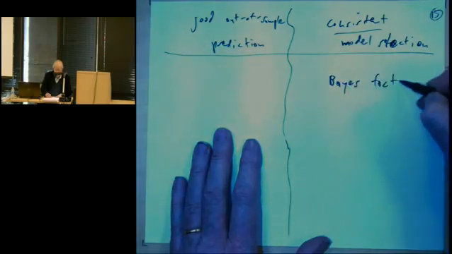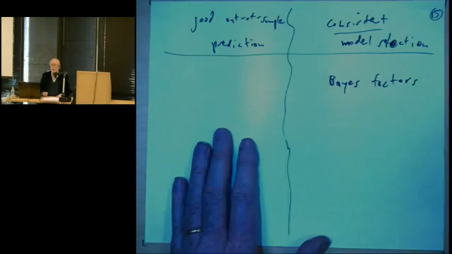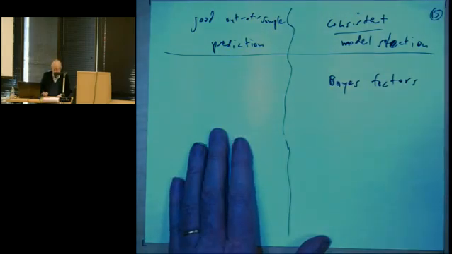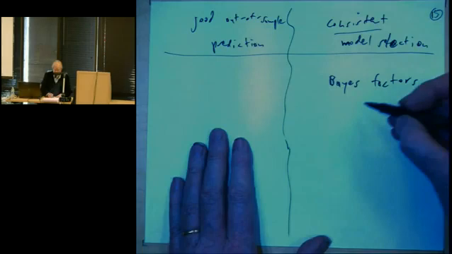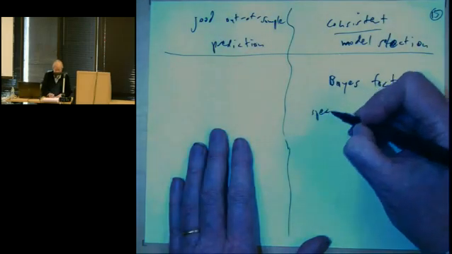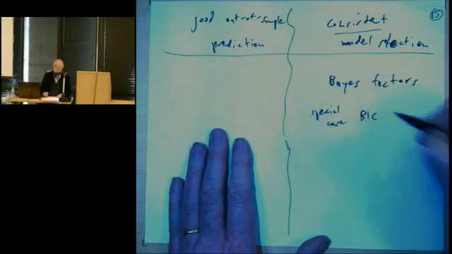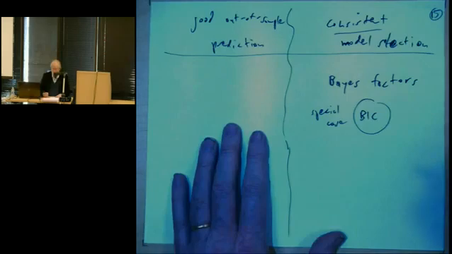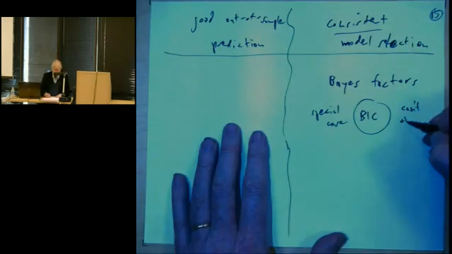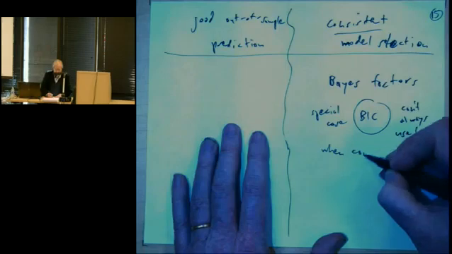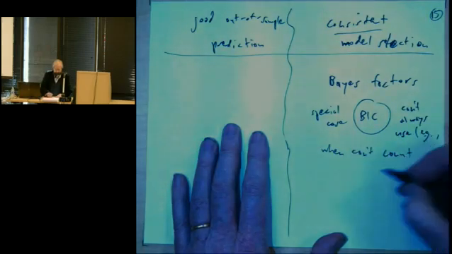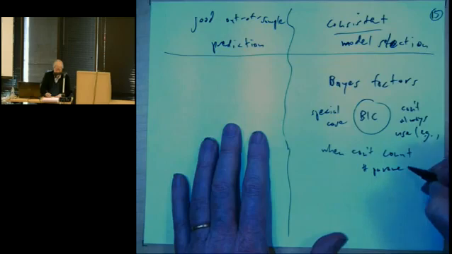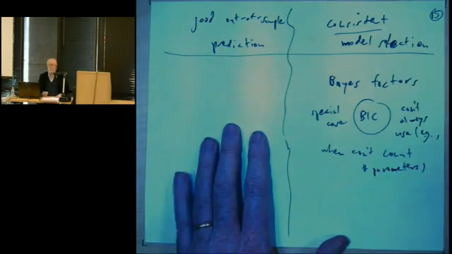So Bayes factors turn out to be something that's way over here in this world. They always try to achieve consistent model selection. And as a special case, we have BIC. And as I've told you, I like BIC when you can implement it. Can't always use it, e.g. when you can't count the number of parameters in the models you're comparing.